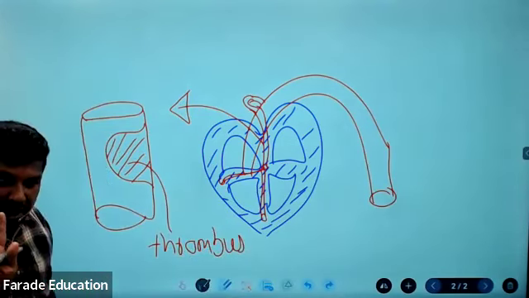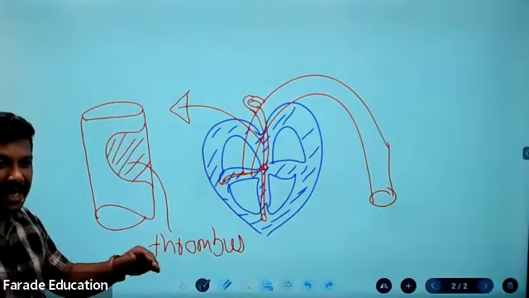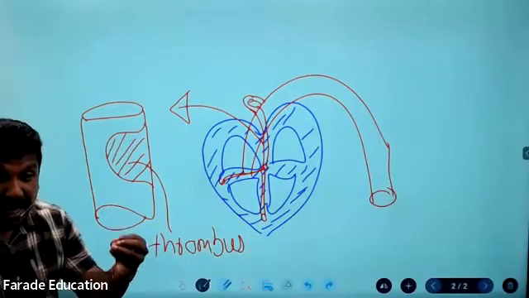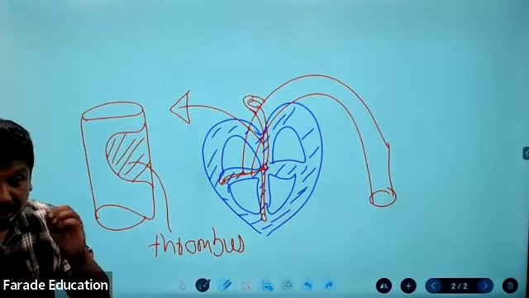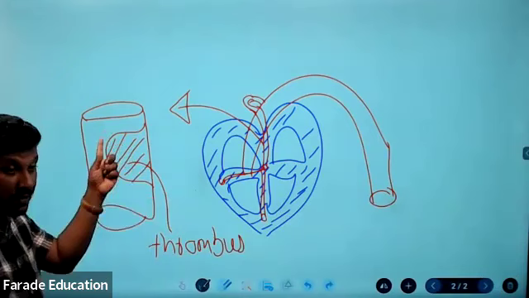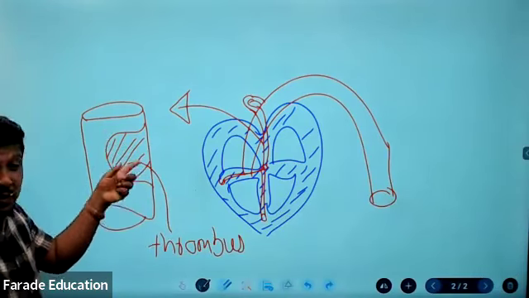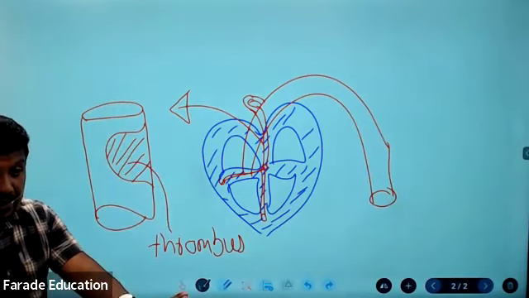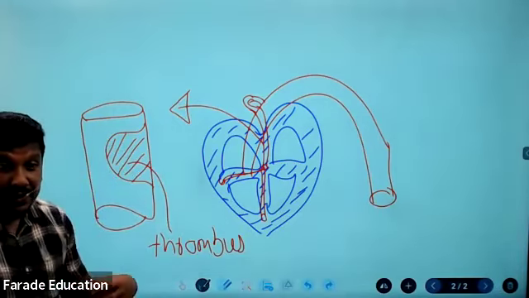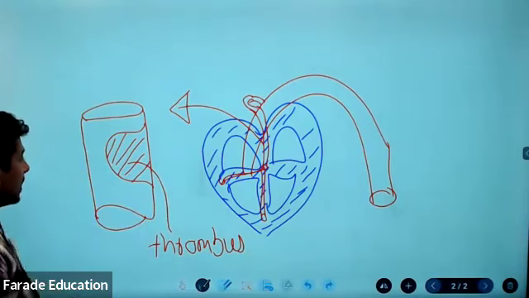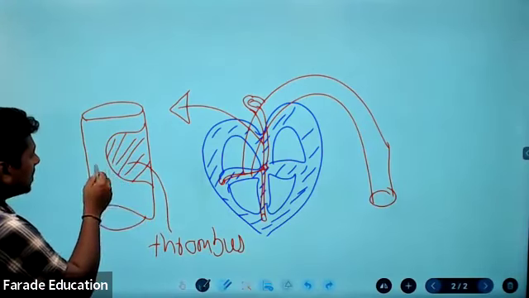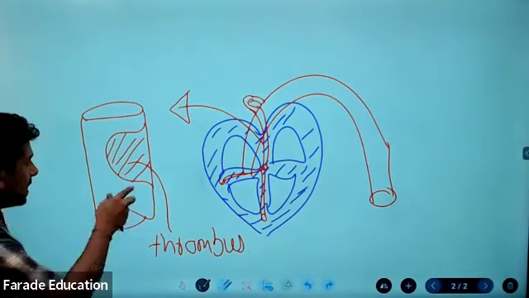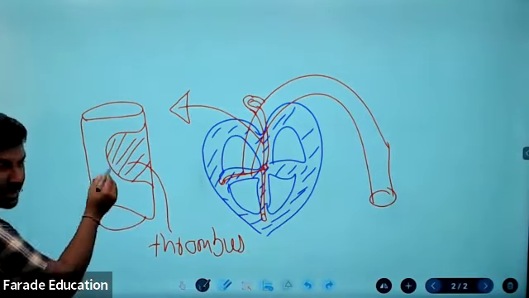That blood clot is called a thrombus, and it has various types of blood cells, and especially the chylomicrons and the cholesterols, right? Cholesterol is very responsible for making this thrombus. That is why we ask you to reduce your cholesterol level, do physical exercise to minimize these things, right? So assume that about 90% of this is occluded by this thrombus, and you have about 10% here.